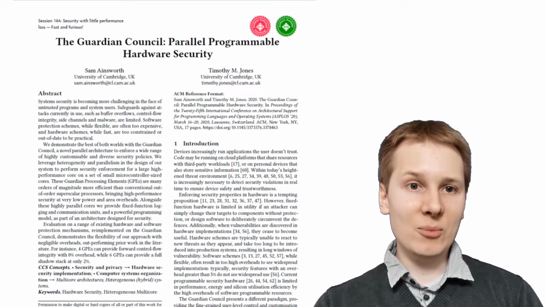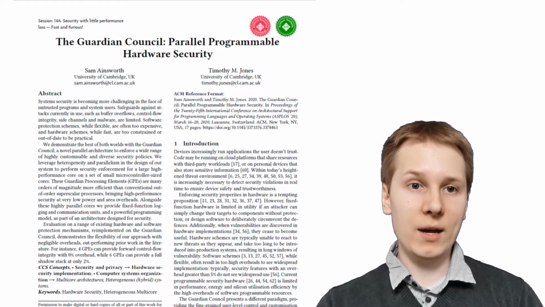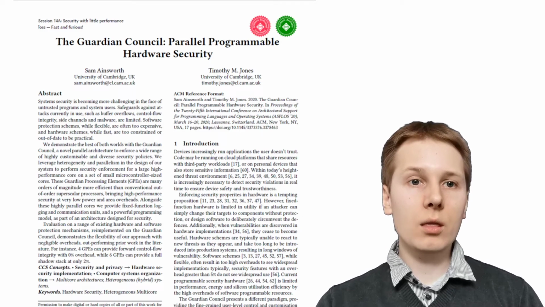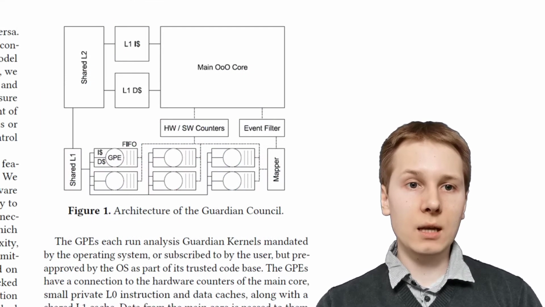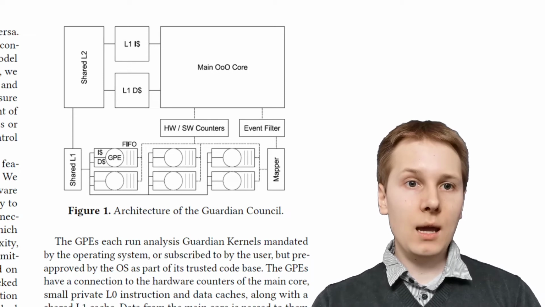That brings us on to my paper, The Guardian Council, which deals with the second of those issues, hardware support. Instead of instrumenting the binary or adding compile time instrumentation, the Guardian Council, which is our new architecture published at ASPLOS, offloads this into hardware, instead instrumenting in the hardware.